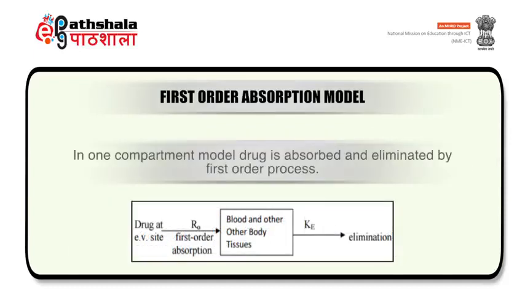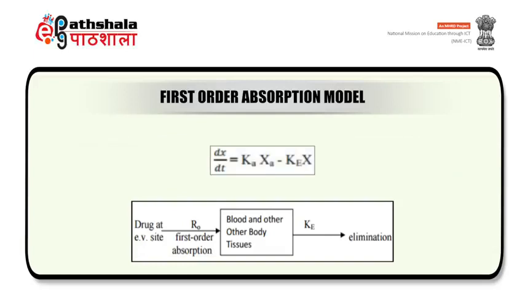Coming to first order absorption model applicable to extravascular administration, as given in the diagram, drug enters blood and other tissues by first order absorption process, while it is eliminated following first order elimination only. Thus, the equation of rate of change of drug can be given by dX/dt equal to KaXa minus KeX, where KaXa is the term which talks about the absorption component and KeX the elimination component.